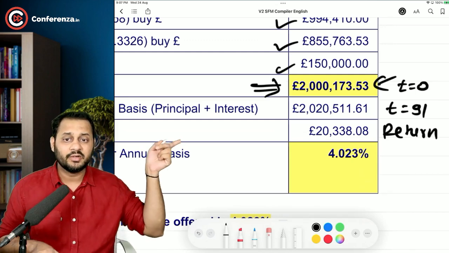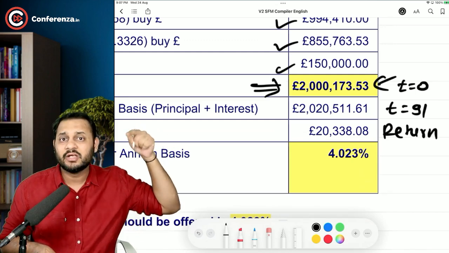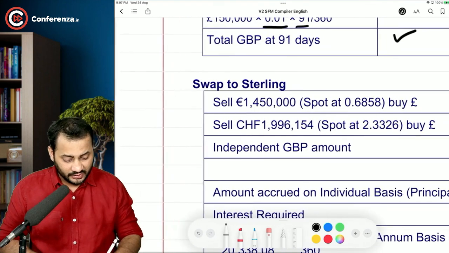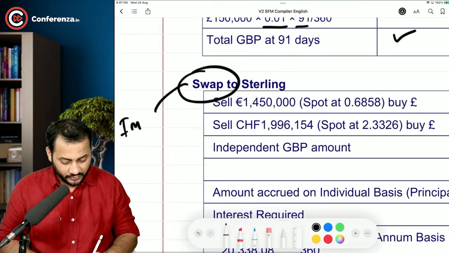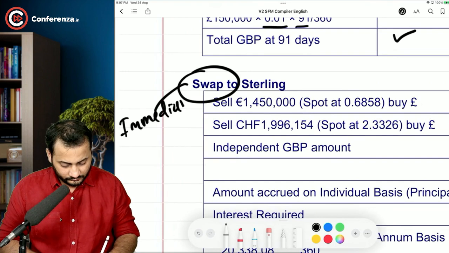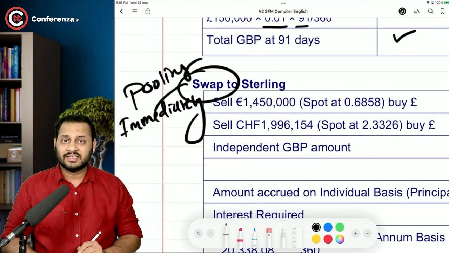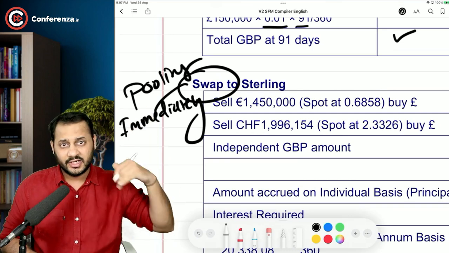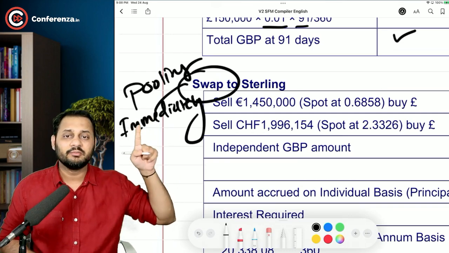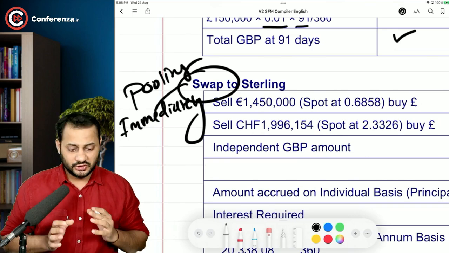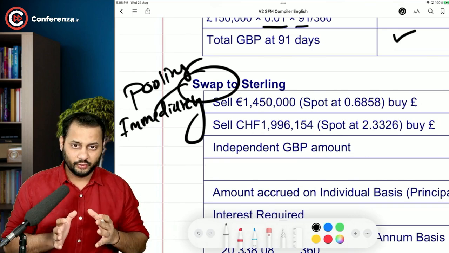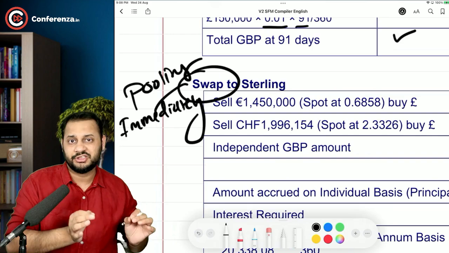This is the minimum return that you should earn under the swapping option. Swapping, in other words, is nothing but immediately pulling. You remember that question where the answer was to pull all the cash flows immediately? This is nothing but swapping. Swap the CHF and euro into sterling immediately.